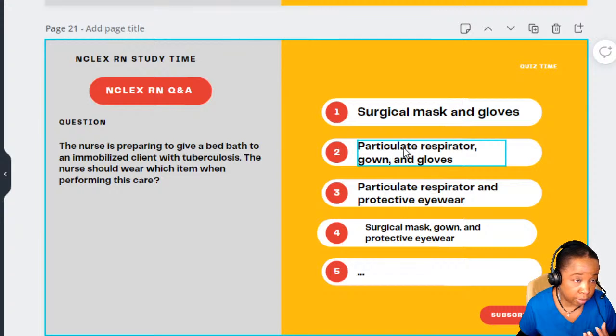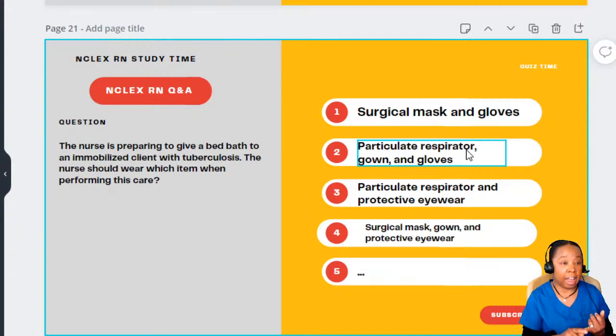That's what they call a particulate respirator. Not only does the nurse have to wear an N95, the nurse has to wear a gown and gloves. The nurse doesn't have to wear goggles when taking care of a TB patient.